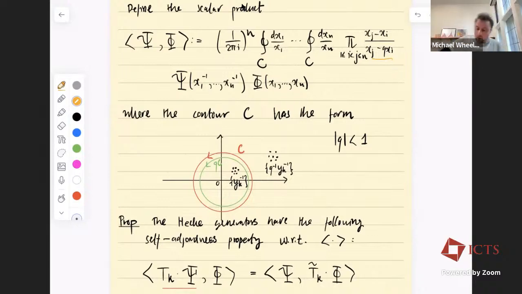Indeed, depending on the order in which you do these integrations, you may have to deal with such poles. However, there is at least one distinguished way of doing this where you will not encounter this issue. In view of the fact that Q times the contour is inside of the contour, if you do the x1 integration first, you will not encounter any such poles.